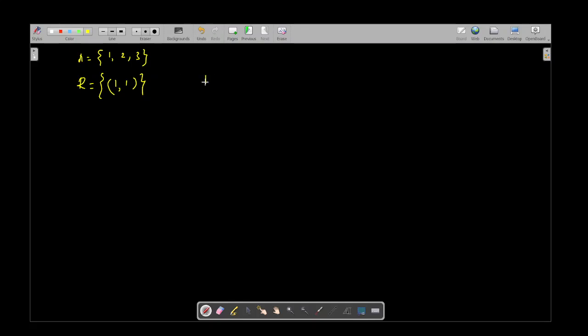Yes, it is symmetric, because if we have (1, 1), I can write (1, 1) as many times as I want to satisfy my requirement, because in every set we write an element only once. So this is A, this is B, this is B, and this is A. So in this case, R is symmetric.